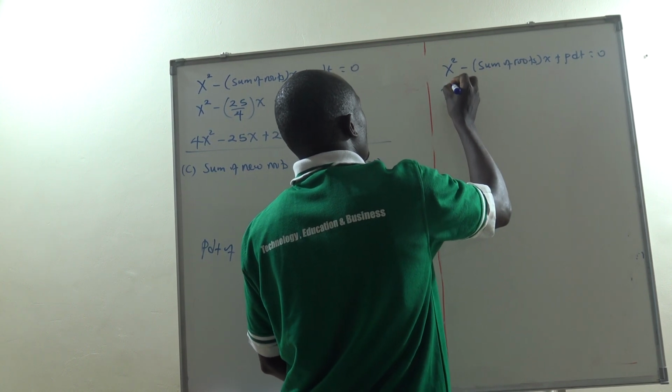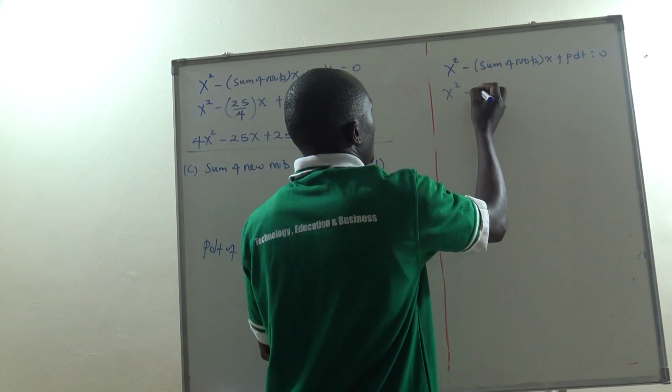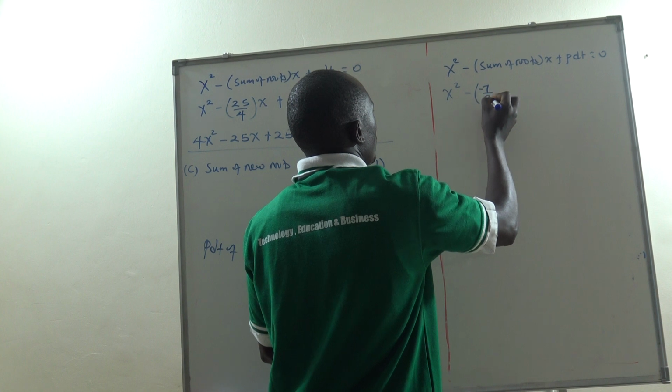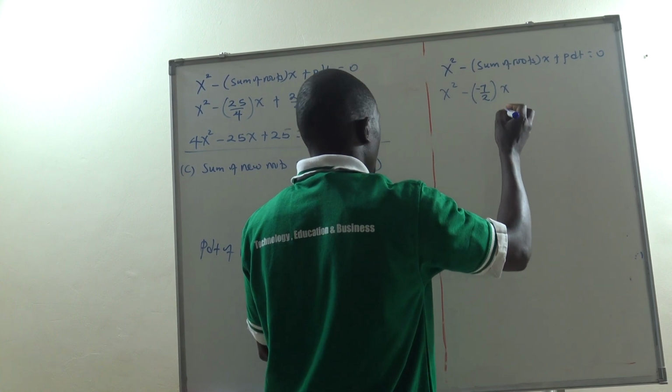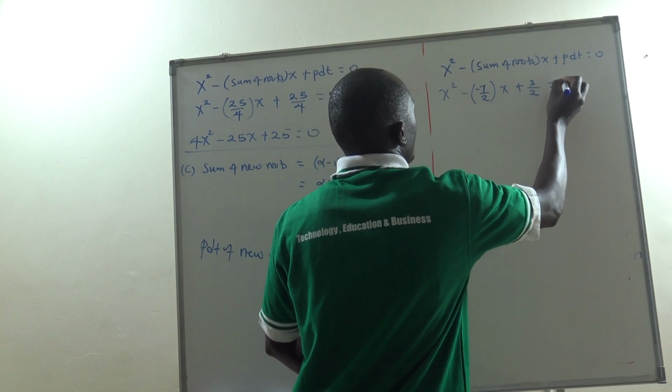So we have x squared minus, what is our sum? Our sum is already negative 7 over 2, x, then plus 3 over 2 equals 0.